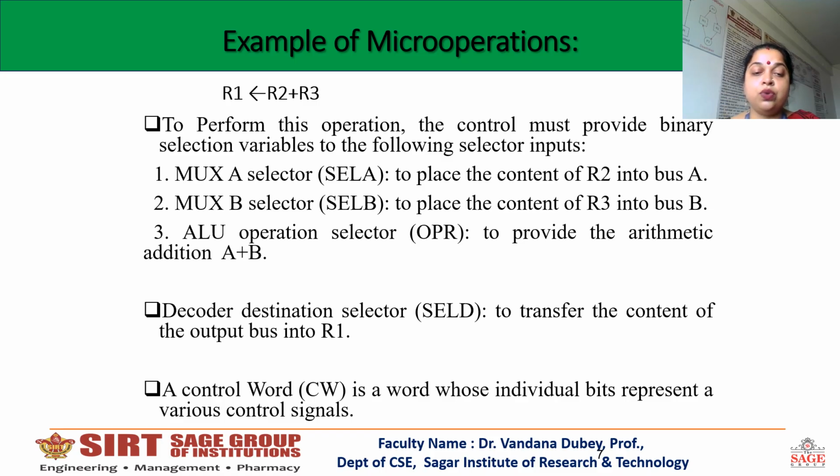For R2 and R3 addition and storing it to R1, the control word will include the bits for select A, select B, OPR, and select D to coordinate the required data flow. This example illustrates how micro operations utilize multiplexers, buses, ALU operations, and destination decoders to execute an arithmetic instruction efficiently within a CPU.